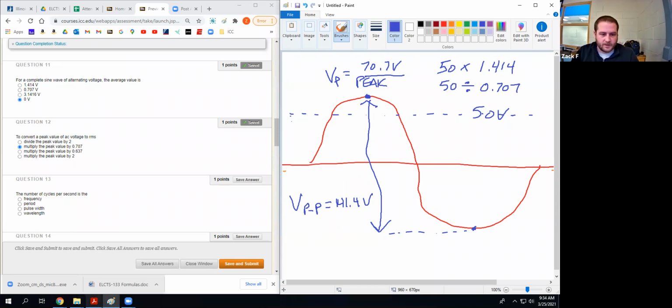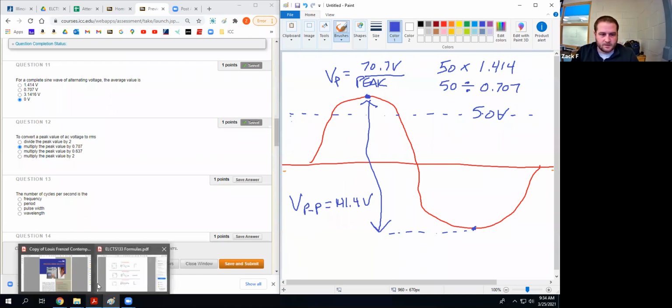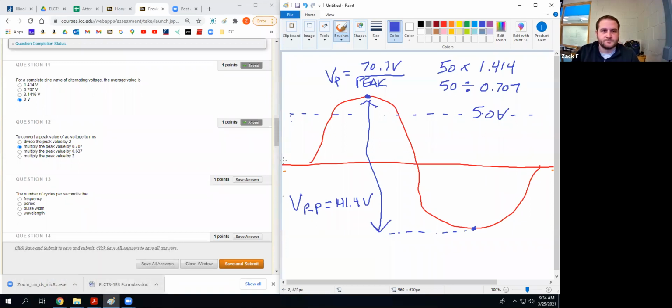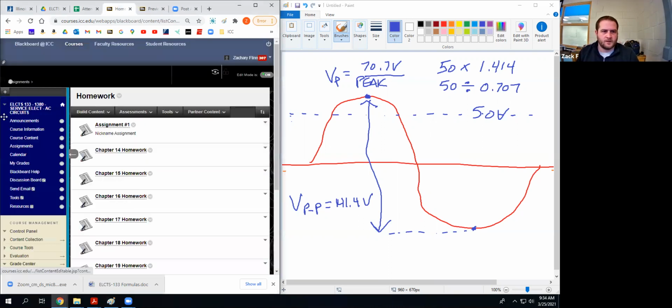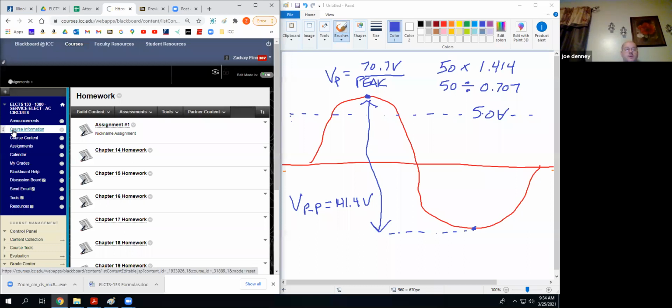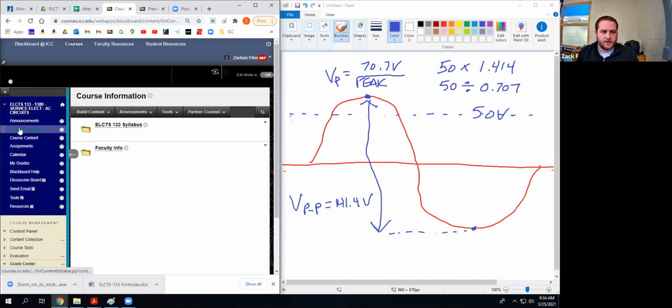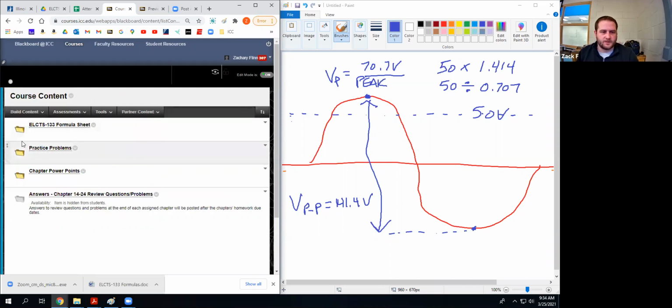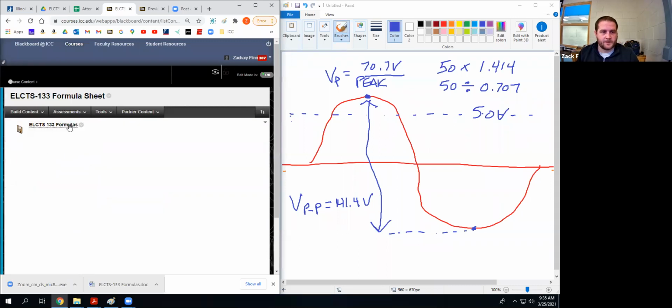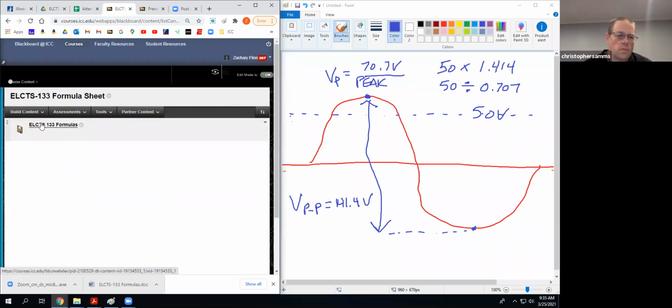I want to pause for a minute and look at, remember from the other day, I told you I was going to put a different formula sheet on there for you. Here it is.